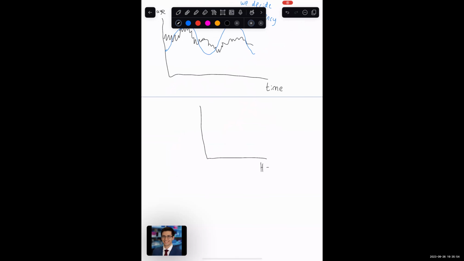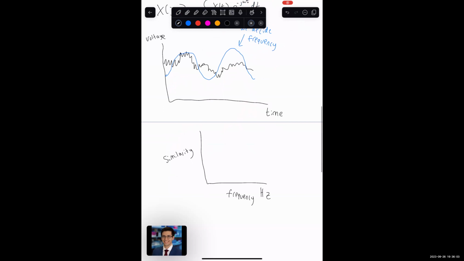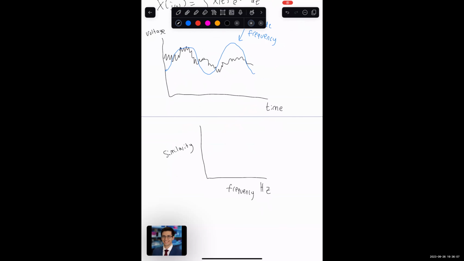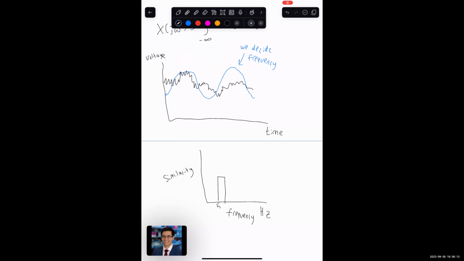So here, frequency and similarity. Let's say this mapping, with this certain frequency, gives that value, just some bar chart. Say 5 hertz, I don't know, random value.